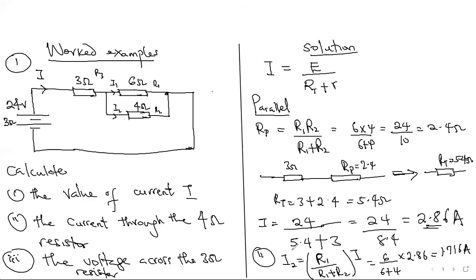So that's the current flowing through the 4 ohm resistor R2.